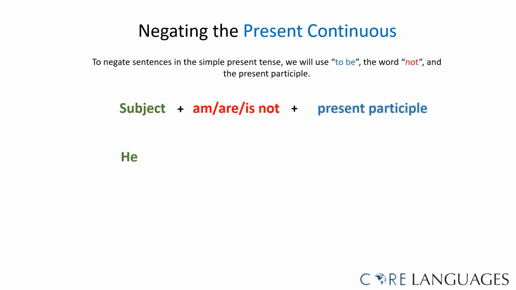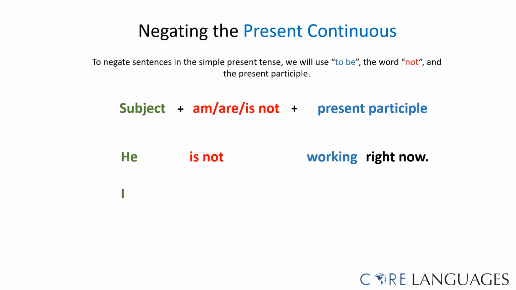For example, he is not working. I could also say, he is not working right now. Remember that we could also use a contraction. I could say, he isn't working right now, or he's not working right now.